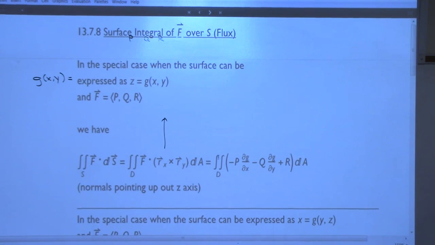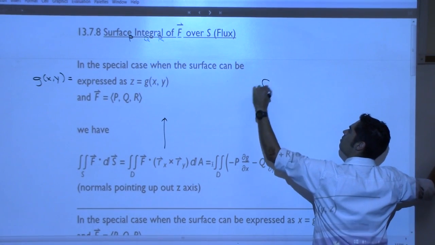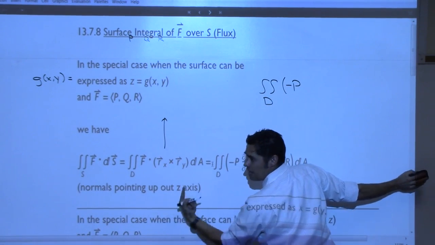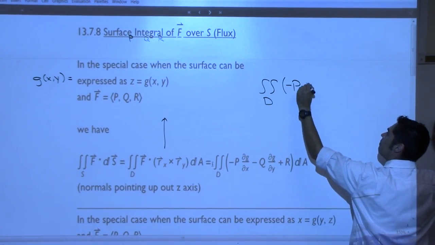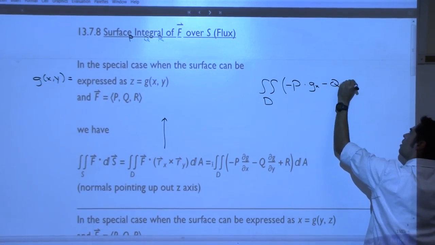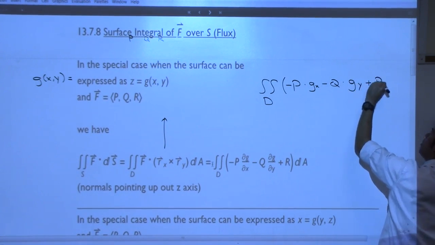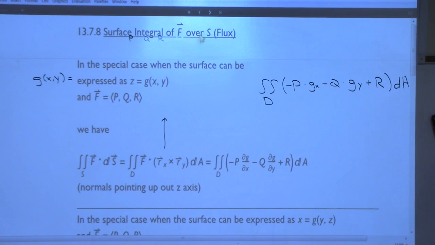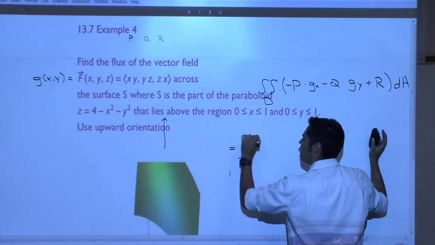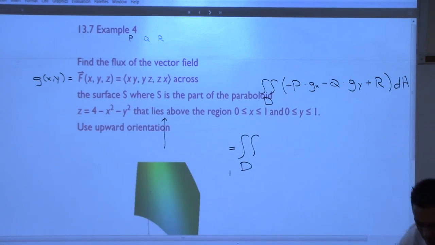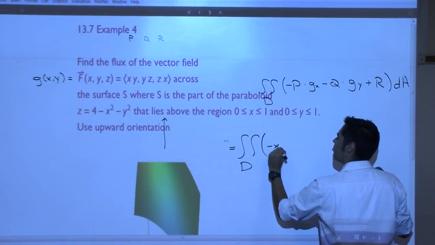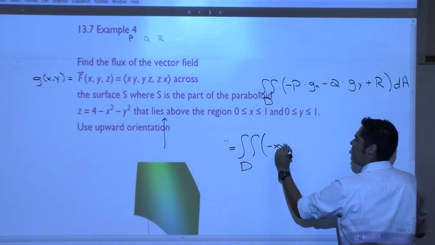I'm going to do the double integral over D of negative P times partial g with respect to x, minus Q times partial g with respect to y, plus R dA, if the normals are pointing upward. Which will be equal to the double integral over D. What's negative P? Negative xy times the partial of g with respect to x.